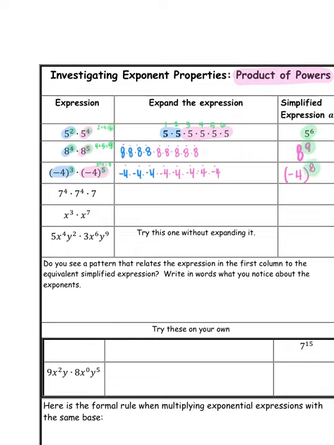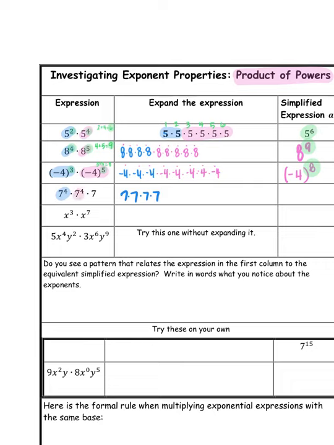Okay? So the next one then would be 7 to the fourth times 7 to the fourth times 7. No big deal. We've just added a little bit more than just two bases being multiplied. So again, we're going to take that 7 to the fourth and write that 7 times 7 times 7 times 7.